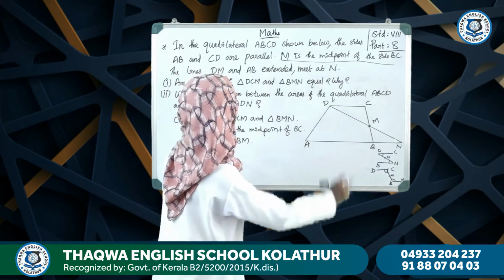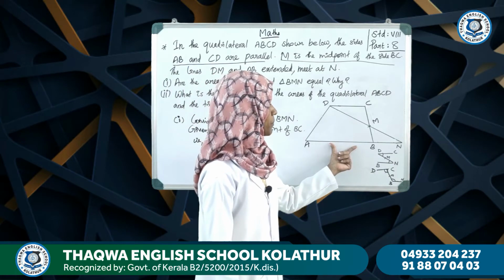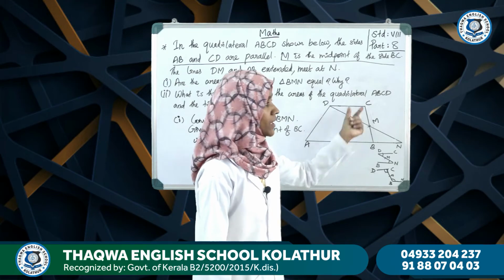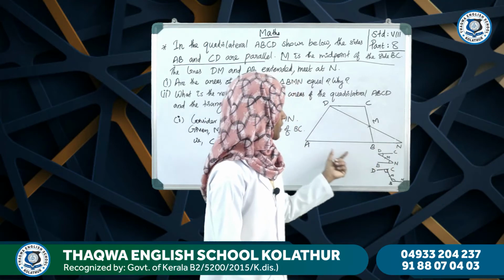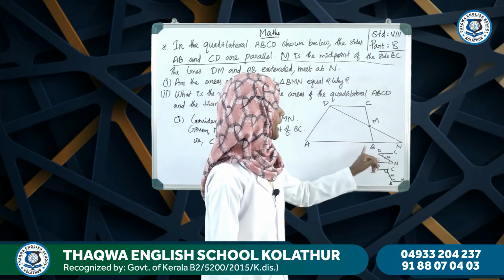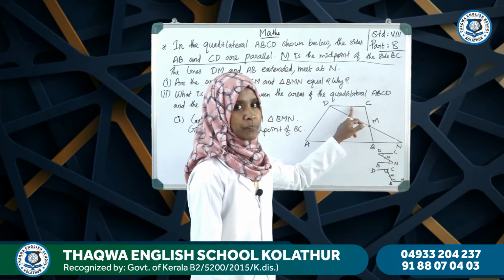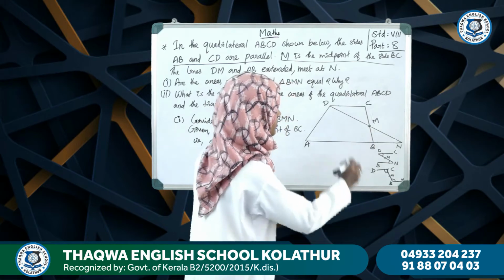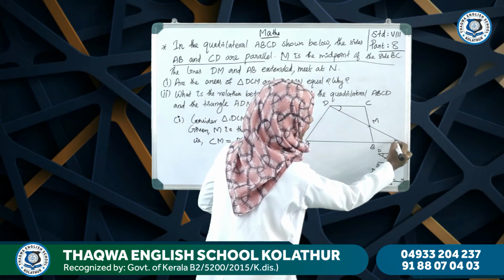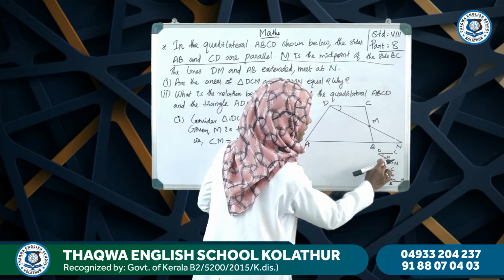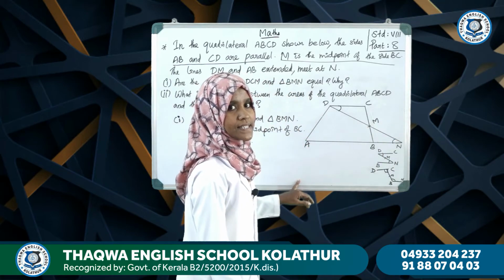Okay. And also, we are given the sides AB and CD are parallel. That is, CD and BN are also parallel, as AB is extended to N. From this we can write angle CDM and angle BNM are equal. What is the reason?